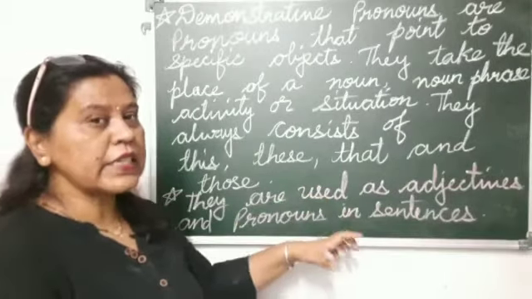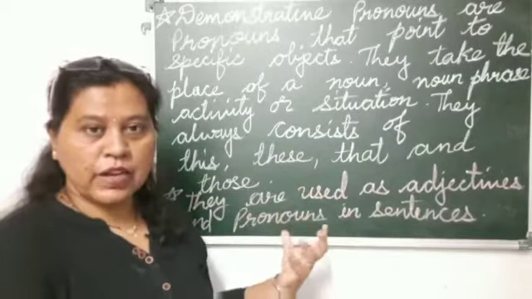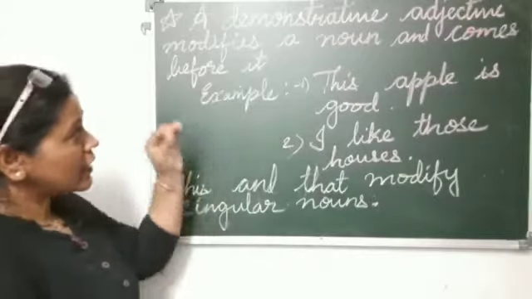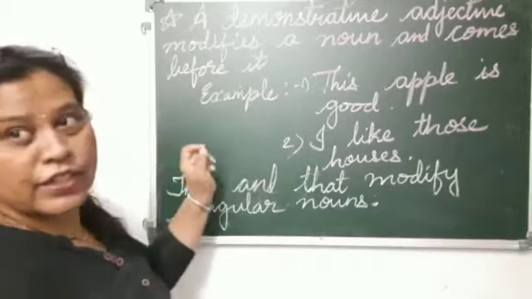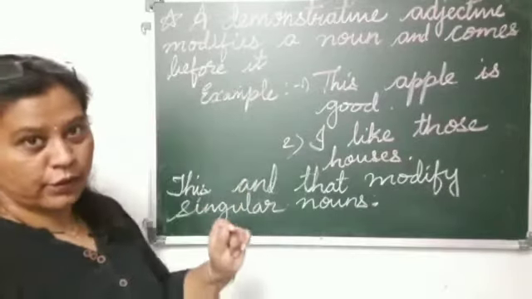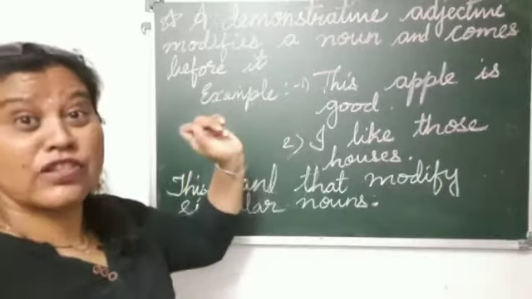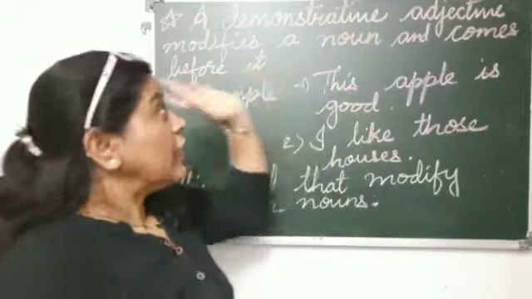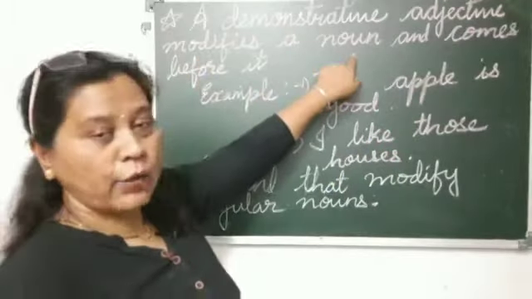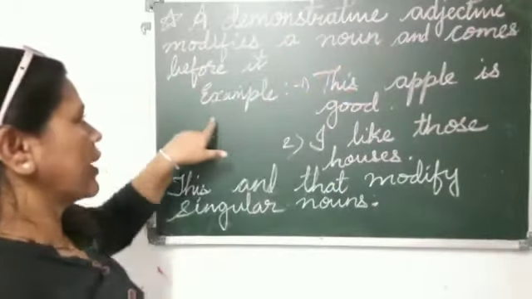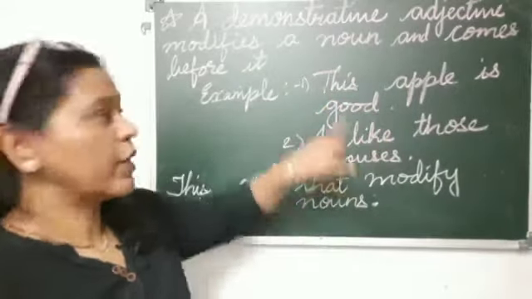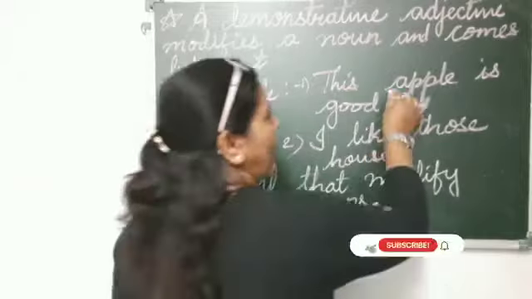We'll see some more detail of the demonstrative pronoun and some examples of it. A demonstrative adjective modifies a noun and comes before it. Example: this apple is good.